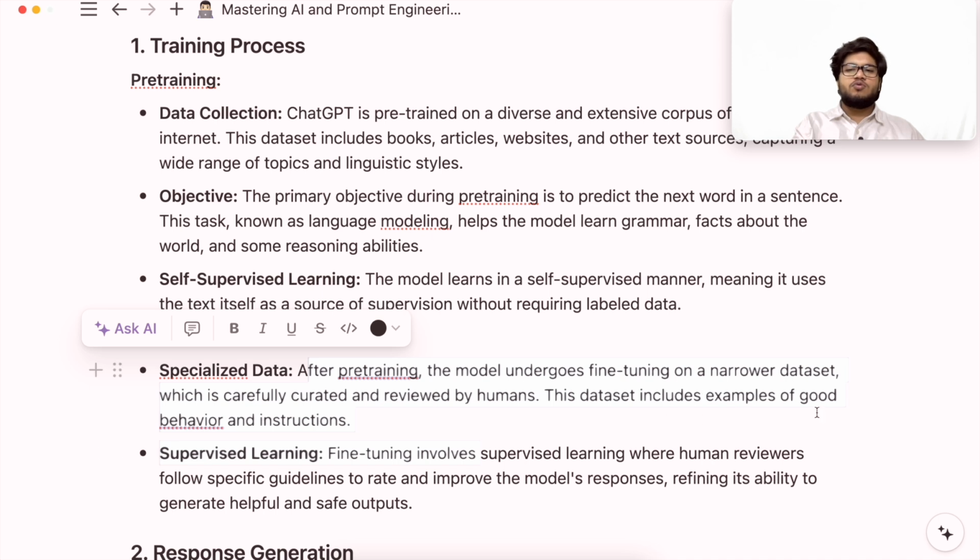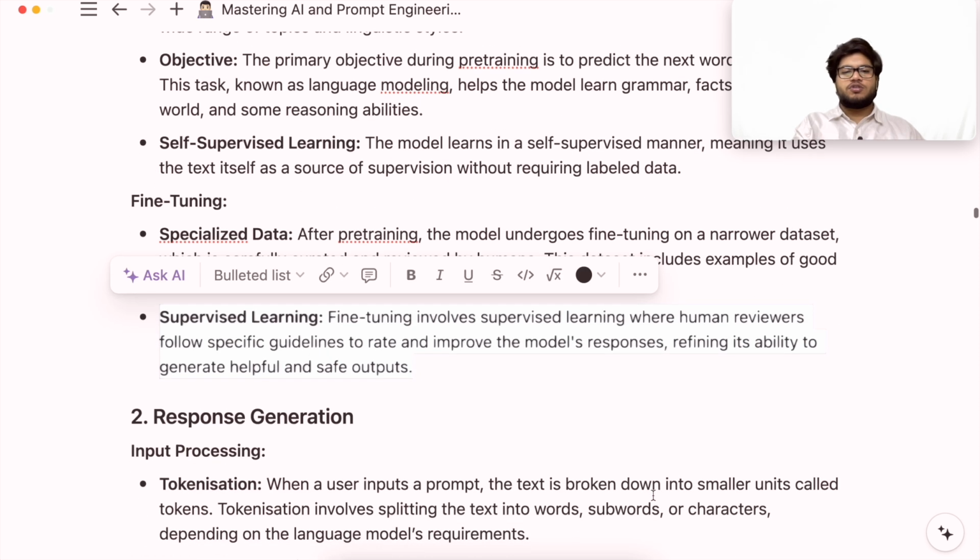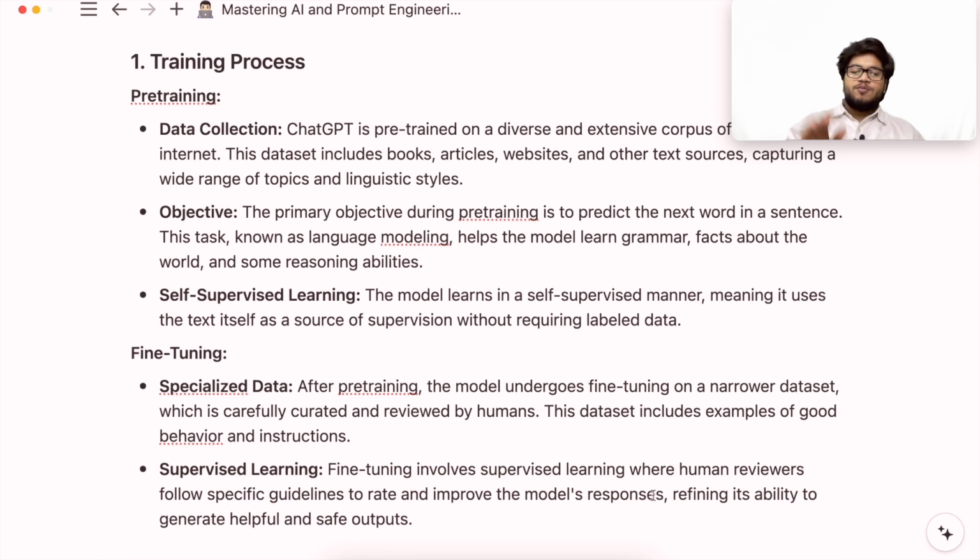This dataset includes examples of good behavior and instruction. Fine-tuning involves supervised learning where human reviewers follow specific guidelines to rate and improve the model's responses, refining its ability to generate helpful and safe outputs. So this was the training process, and it happens before we even prompt. ChatGPT is trained in such a way.